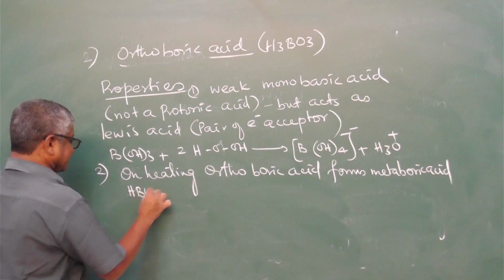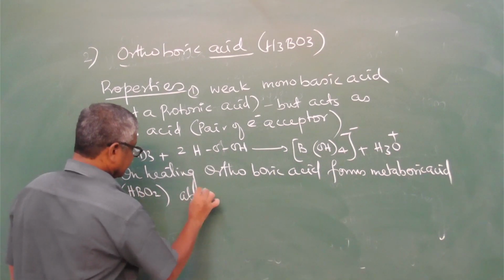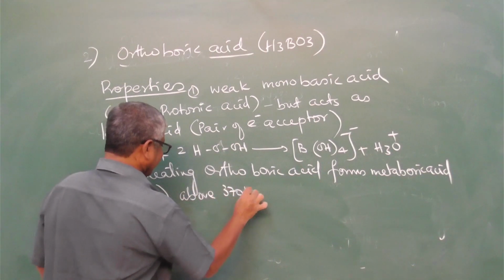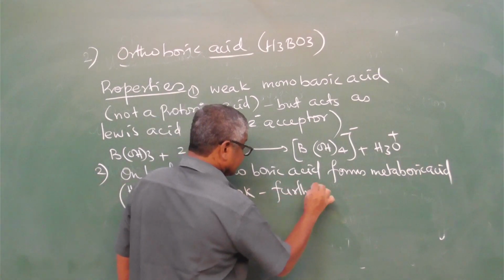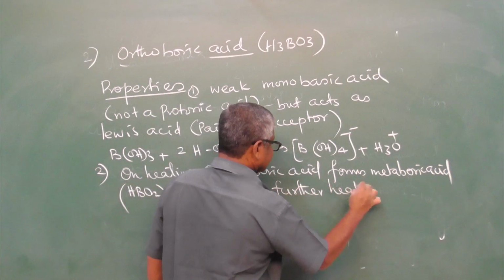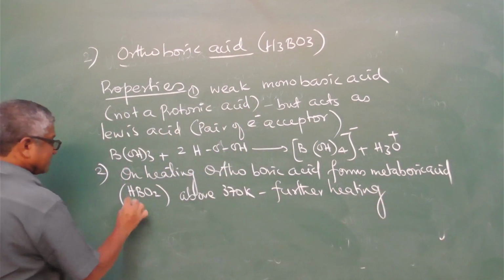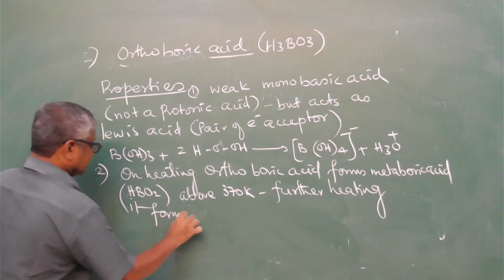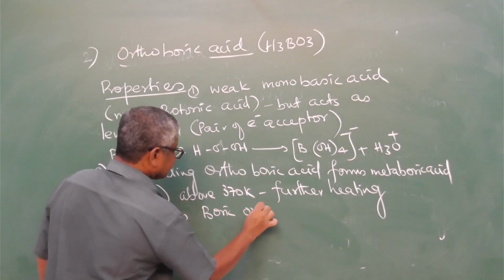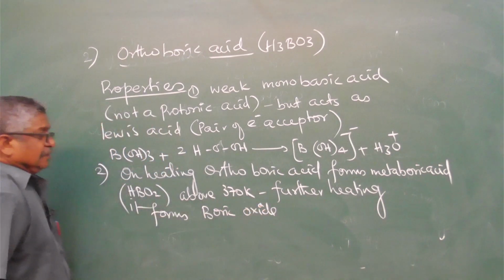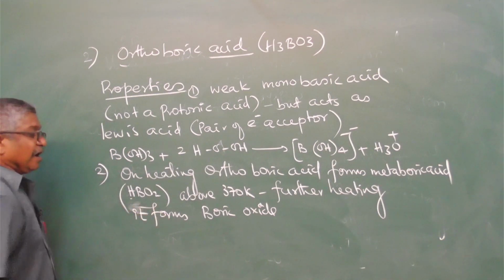Metaboric acid, HBO2, above the temperature 370 Kelvin. Further heating, it forms boric oxide.